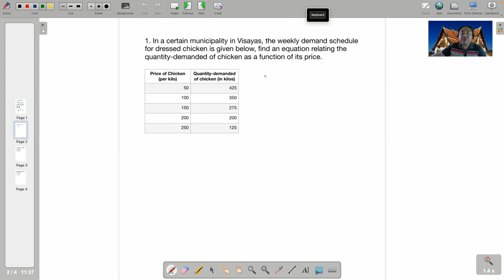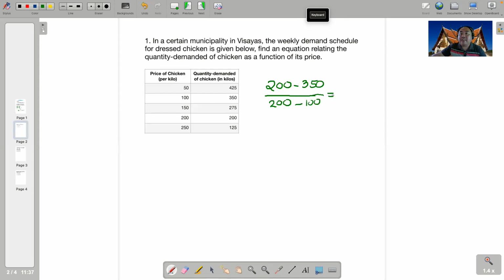So we choose 2 points to find the slope. For convenience, let us choose 200 kilos of chicken at the price level of 200 pesos, and 350 kilos of dressed chicken at the price level of 100 pesos.